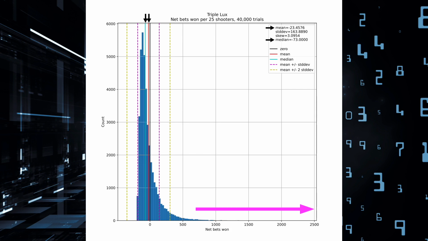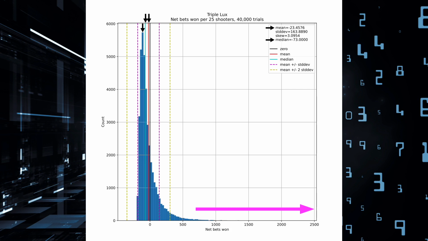This is analogous to the one temperature of 100 degrees pulling up the mean to 20 degrees, while the median stayed down at 0 degrees. The median, remember, is the middlemost value in the simulations, so it gives you an idea of your surroundings when playing. But the most common value, the mode, is about negative 100 bets.